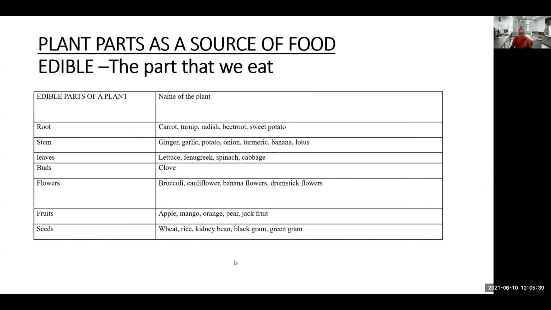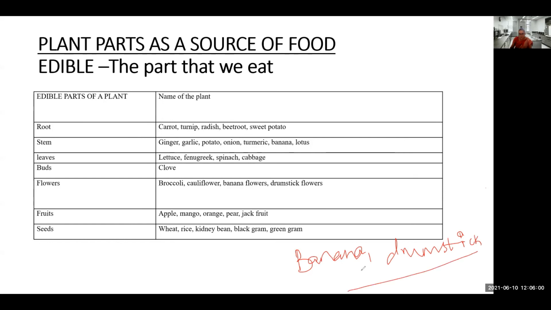Example, banana plant, and then you think about banana and drumstick. Some of the plants have one or more edible parts.